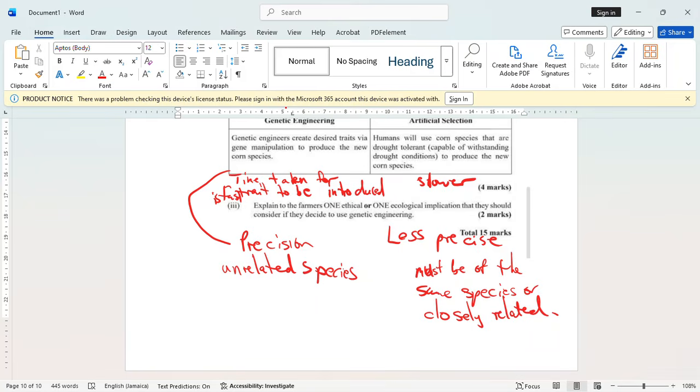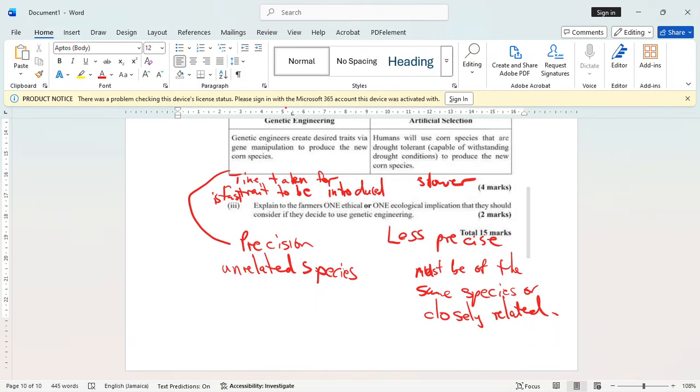So if you're talking about the time taken, genetic engineering is going to be much faster because you're basically selecting for that particular trait. For the next generation, you might have to do several rounds of breeding. For example, for the corn, you might have to pollinate it over a period of time for the plant to develop the proper drought resistance that you require.